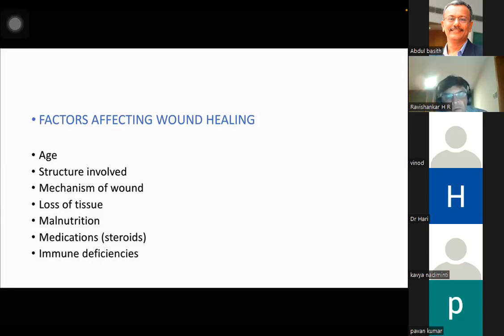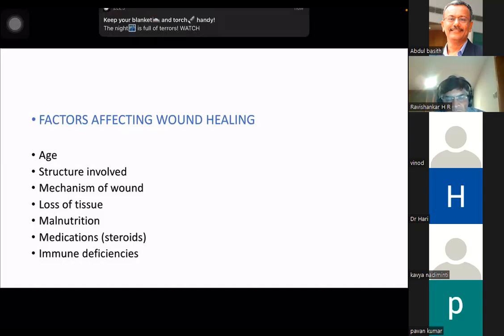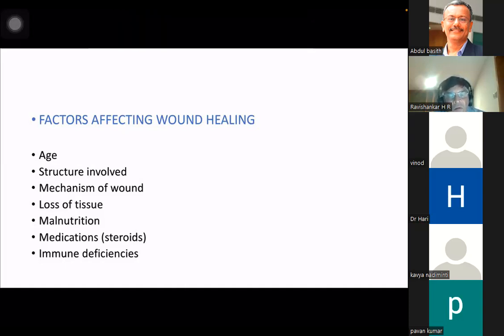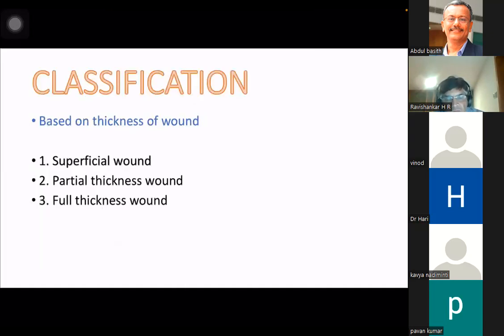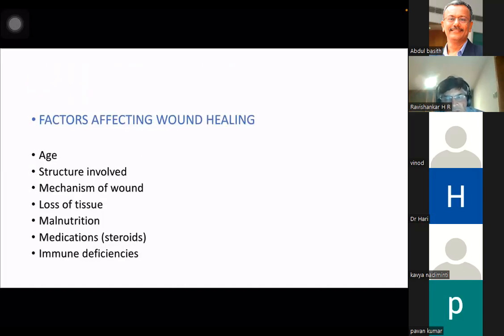And malnutrition, when there is a deficiency of vitamins, for example vitamin C, which is helpful in formation of collagen, leads to delayed formation of collagen, which leads to a prolonged proliferative phase and delay in wound healing. And medications like steroids and NSAIDs inhibit formation of prostaglandins, which leads to delayed wound healing. And in immune deficiencies like diabetes and HIV patients, the immunity will be low and the wound healing will be delayed. Classification. Vinod, yes.